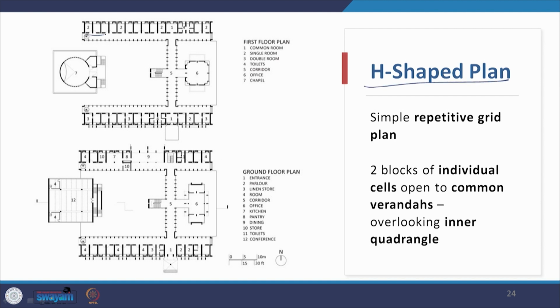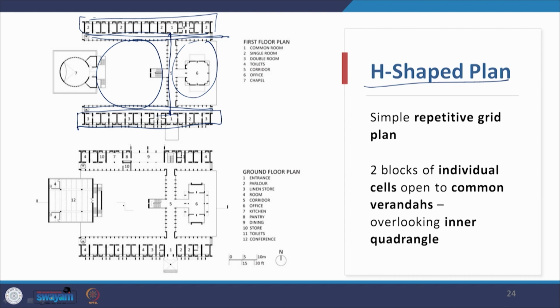It has got these two wings on either side, and it is a simple repetitive grid plan with the two blocks of individual cells for the occupants on both sides. If you look at the first floor here, it has these open corridors or verandas in front, overlooking an inner quadrangle on both sides of a connecting corridor.